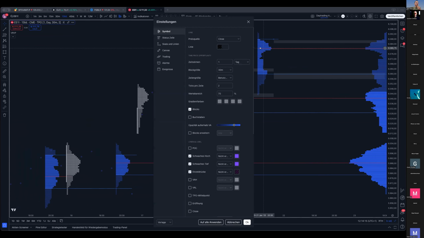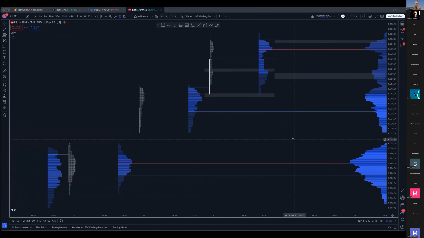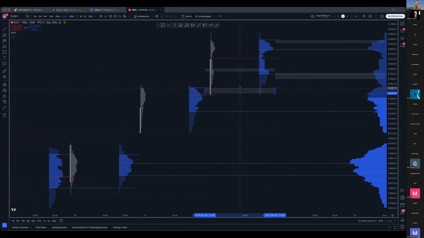I'm just loading some time. So we take a value area high. We have a clean P shape. We have a naked value area low over there.